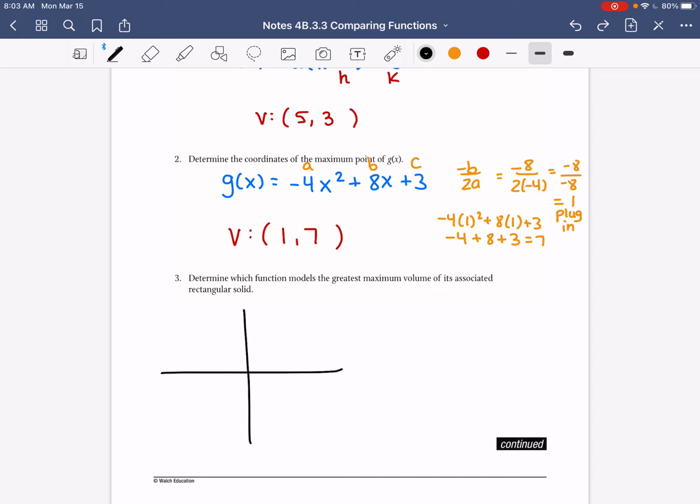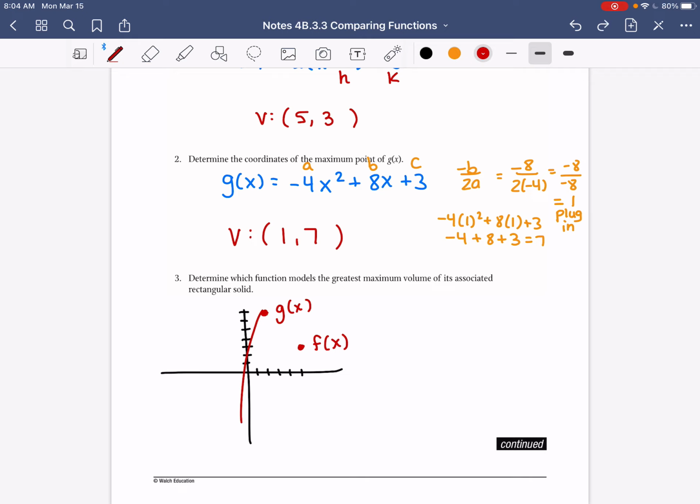So we have the point (5, 3): 1, 2, 3, 4, 5, right? And then up 1, 2, 3. So that is the maximum point for f of x, and then it just goes down. And then g of x is at (1, 7), so you go right 1 and then up 7. 3, 4, 5, 6, 7. And then that one just goes down.